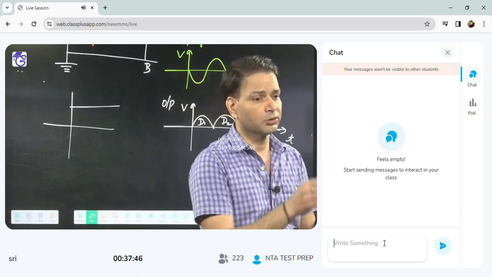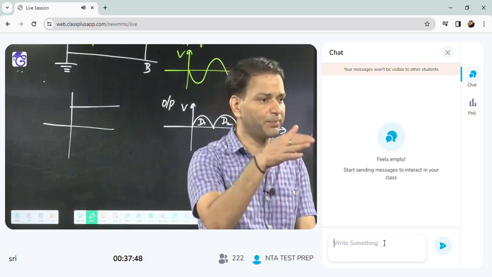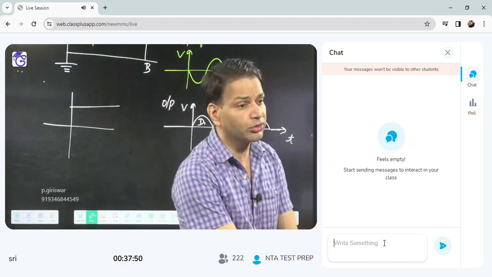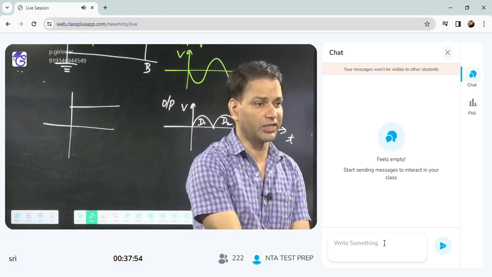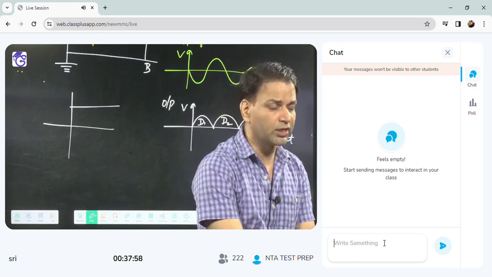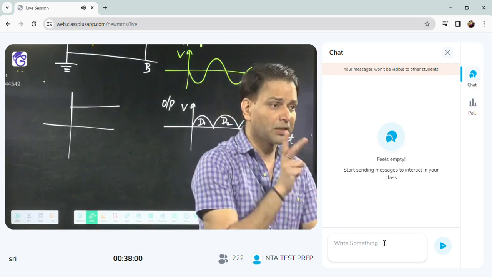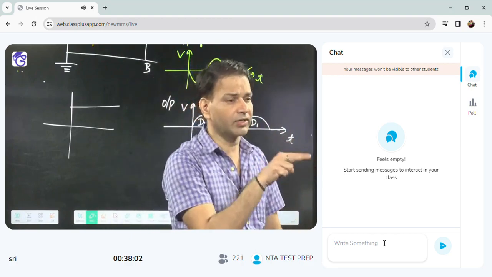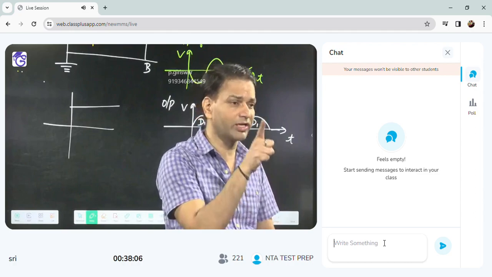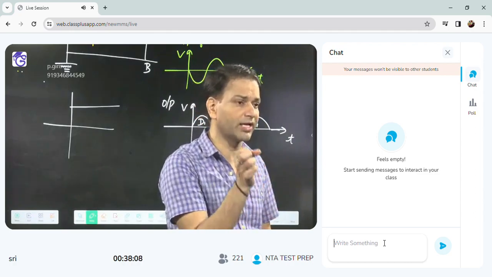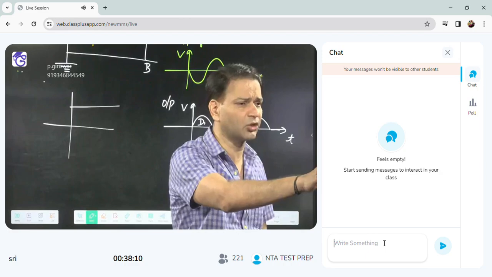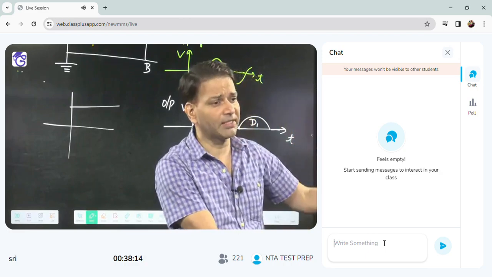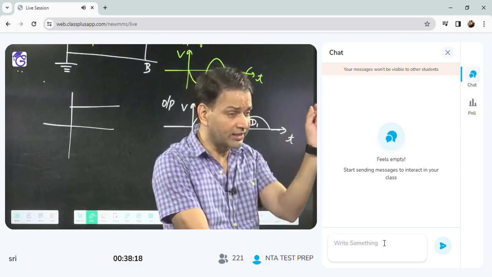Okay. So to remove the ripples and get a constant DC, we are using the filter circuit. That filter circuit can contain either a capacitor. When it is a capacitor filter, then the capacitor you will connect in parallel. I'm not writing anything, you will get the notes where all this has been written. What I'm saying, when I'm using the capacitor, that capacitor filter will connect in parallel with the load.